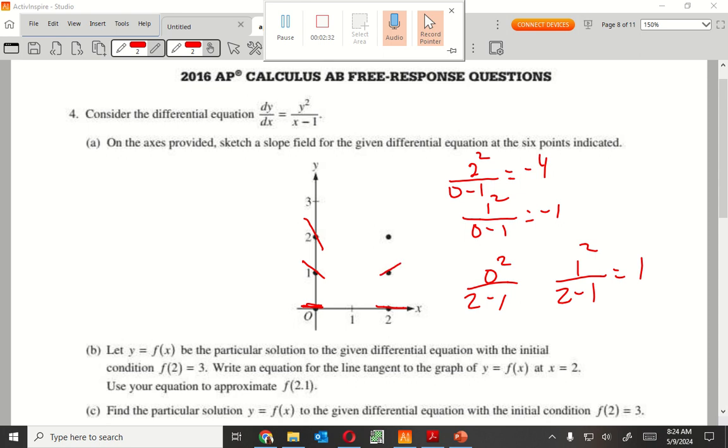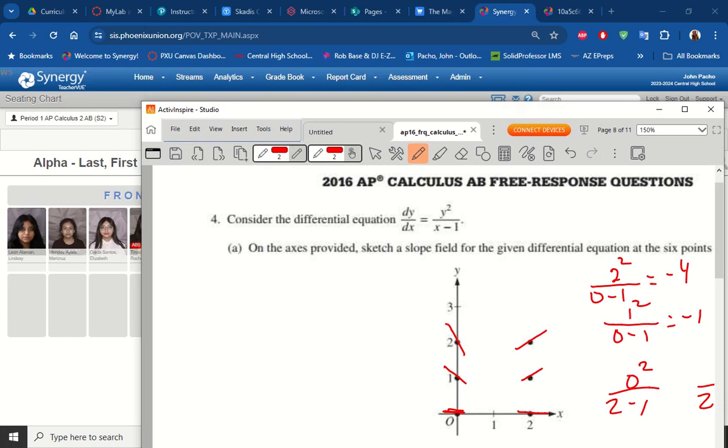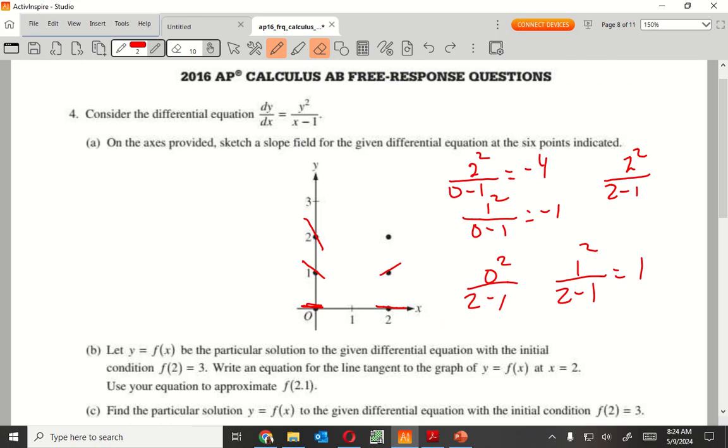My last one is that one over there, so it's going to be 2 squared over 2 minus 1. That's going to give me a positive 4. And positive 4 goes up more, like that. There we go. Was that so bad?